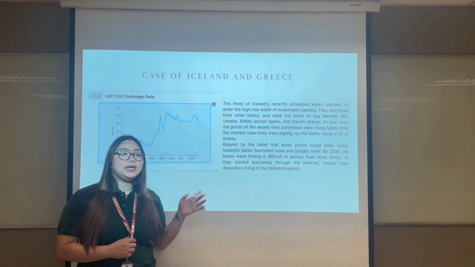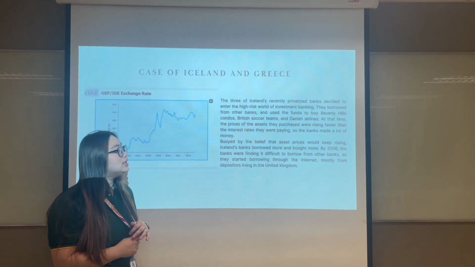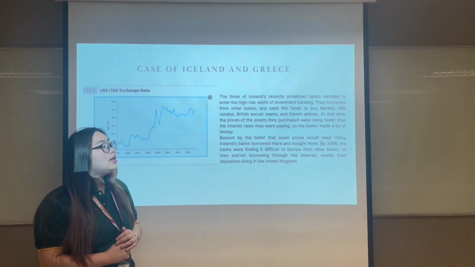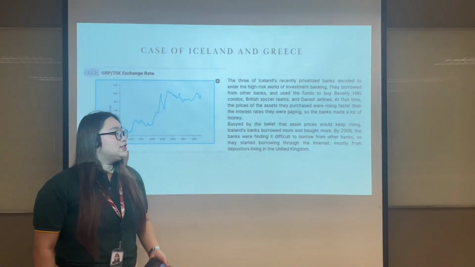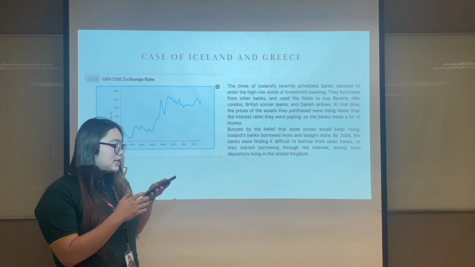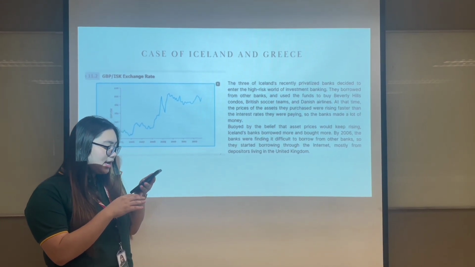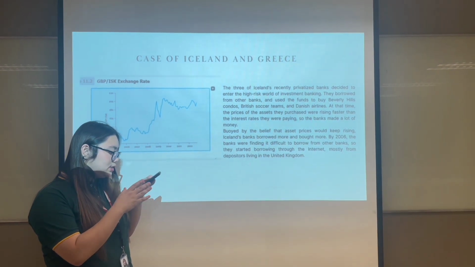So basically, nanghiram na lang sila sa mga British consumers instead sa bank kasi nga bumaba yung value ng krona. So noong 2006, yung value ng krona nag-depreciate siya, and yung domestic prices, which is yung sa British, nag-soar siya.